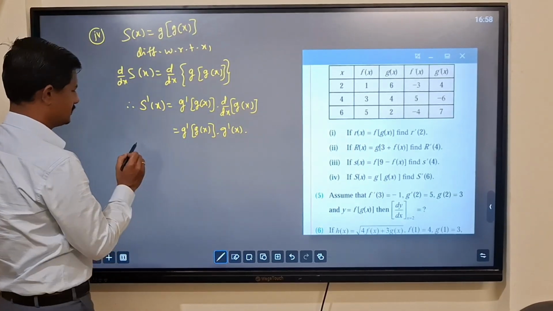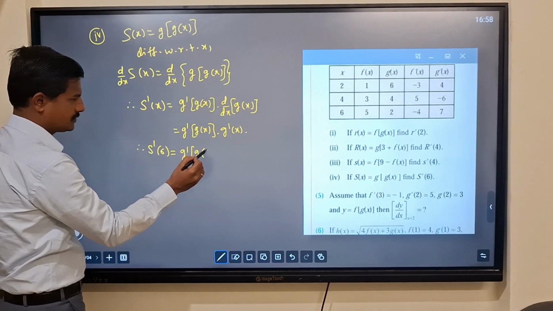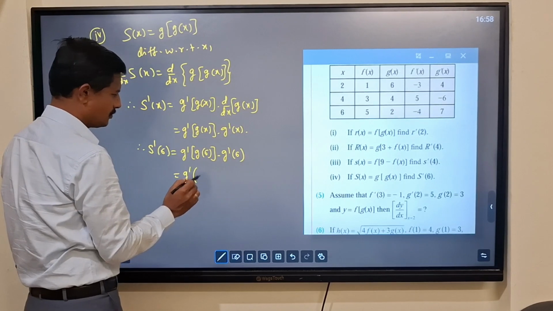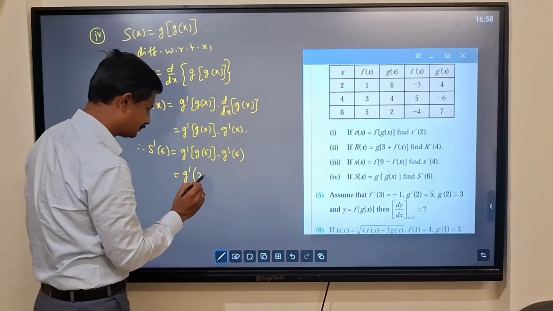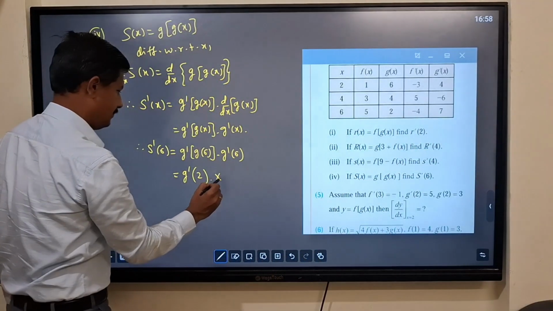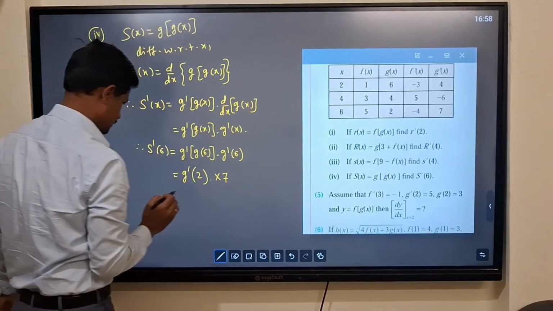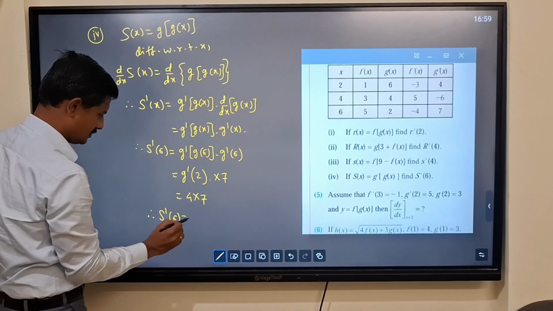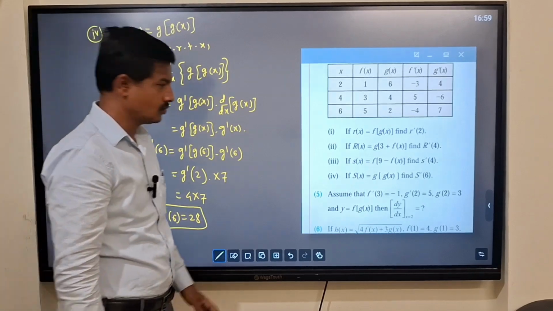Now, the value of x is 6. Therefore, s prime of 6 is equal to g prime of g of 6 into g prime of 6. g of 6 is 2, so g prime of 2 into g prime of 6. G prime of 6 is 7. Now again g prime of 2 is 4, into 7. Therefore, s prime of 6 is 28.